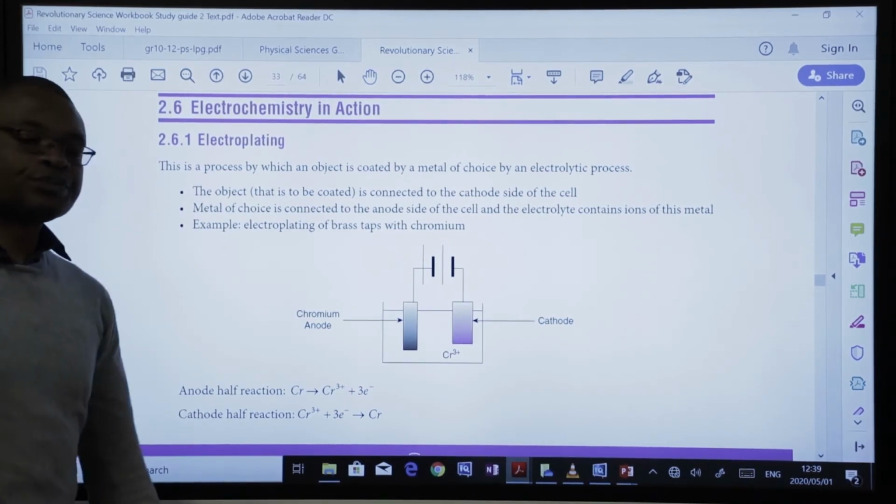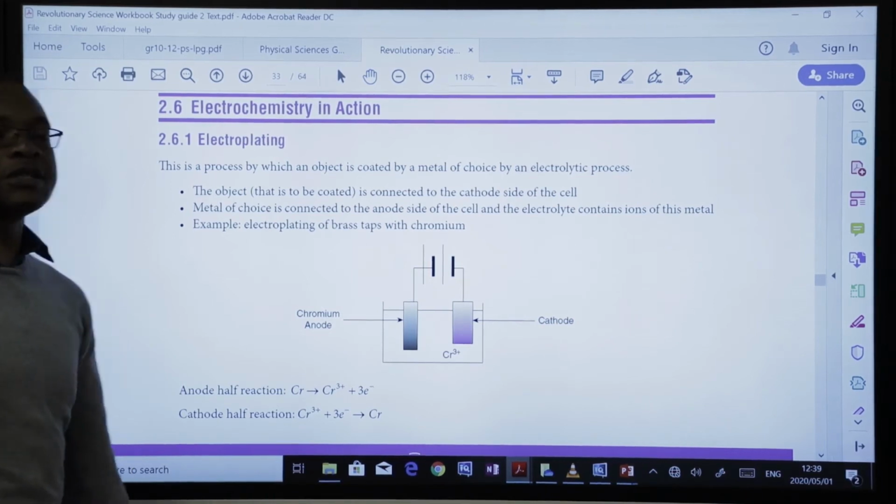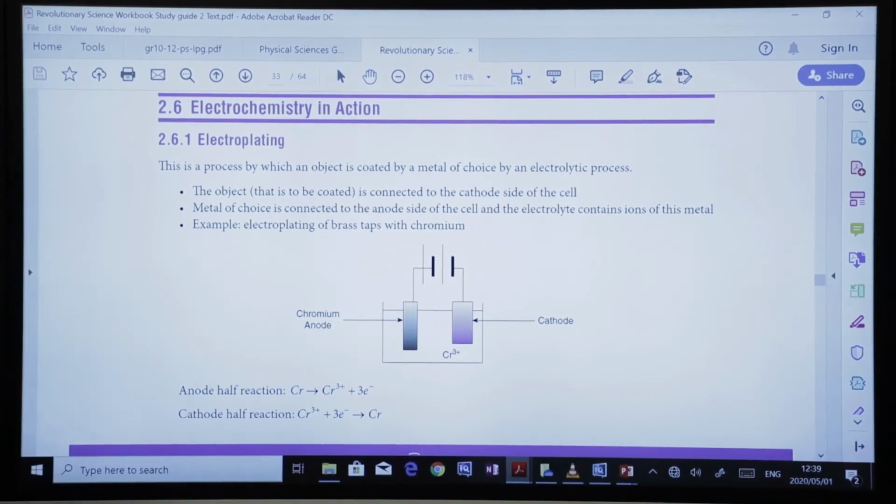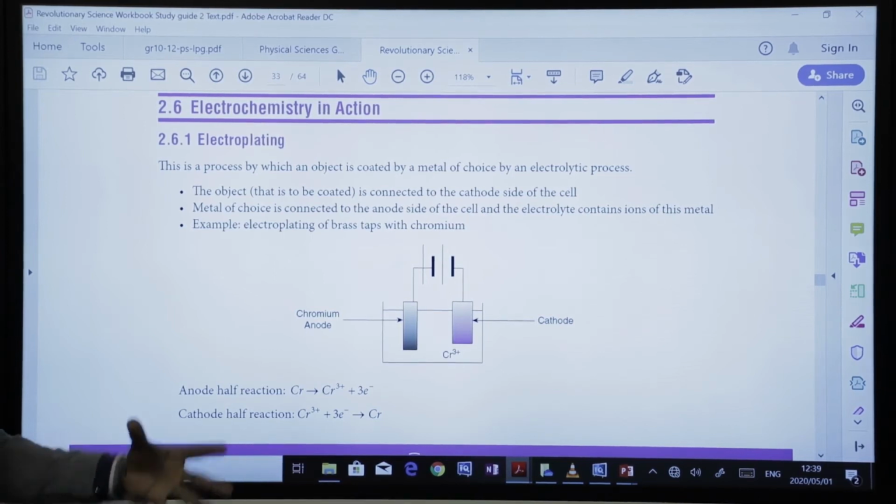So ladies and gentlemen, when I introduced this section, I told you that we use electrochemistry every day in our households. Take a look at your silver spoons, forks, knives, pots.